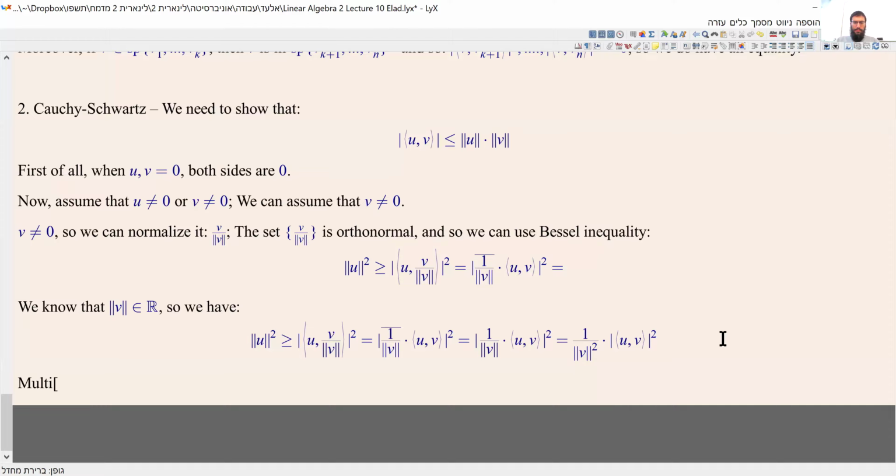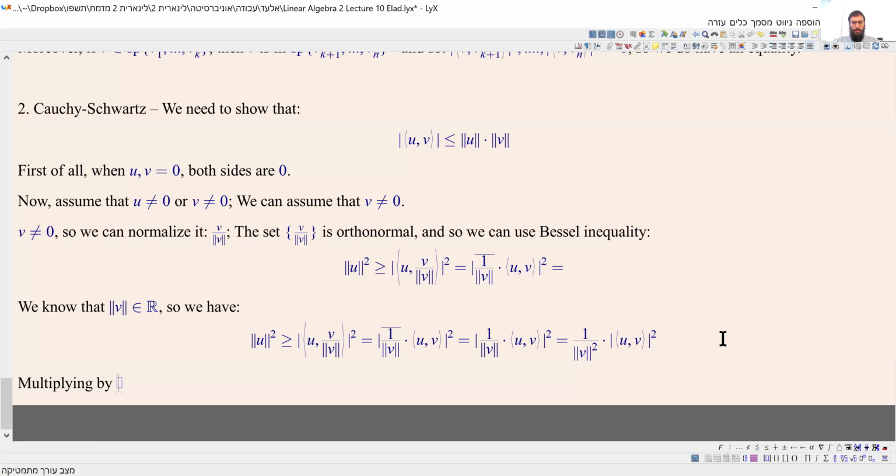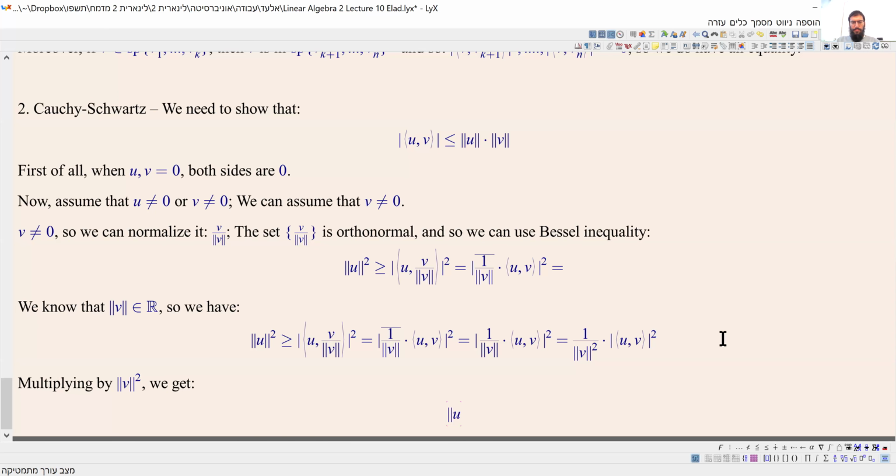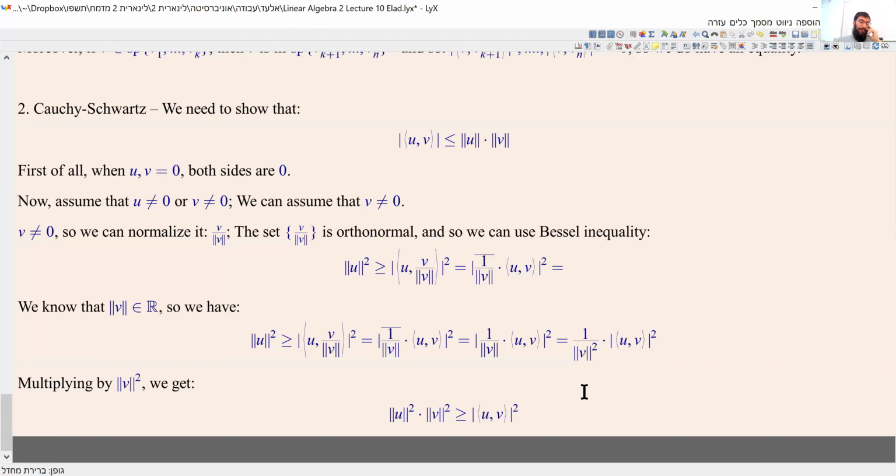We get the norm of U squared multiplied by the norm of V squared is greater or equal to the absolute value of the product between U and V squared.